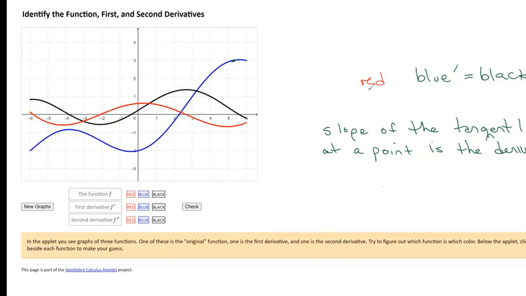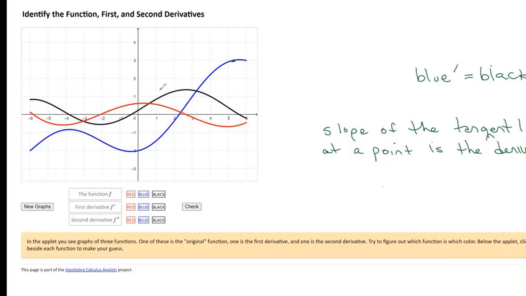So let's try from red. So red, if I find the derivative of red, I'm going to look again at my maximum. And my maximum is here. So the blue line should be at 0, and it's not. So I know this can't be true. Let's make sure that the derivative of black is red.